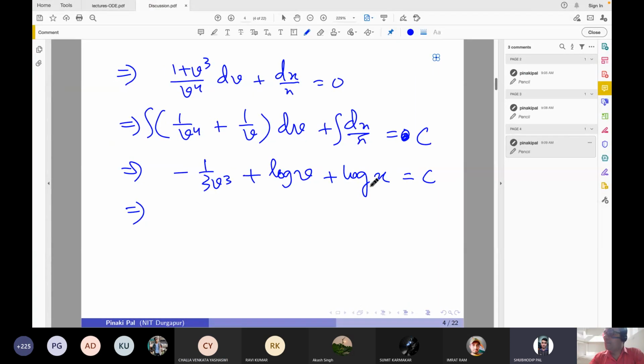So log vx you will get, and v is equal to y by x. So x cube by 3y cube plus log y equal to c. This is the answer.